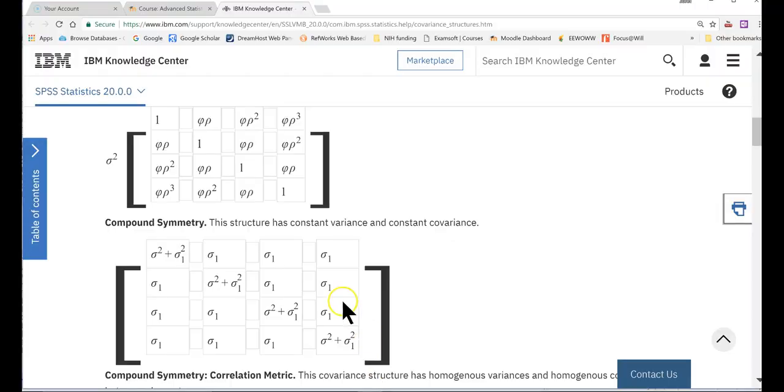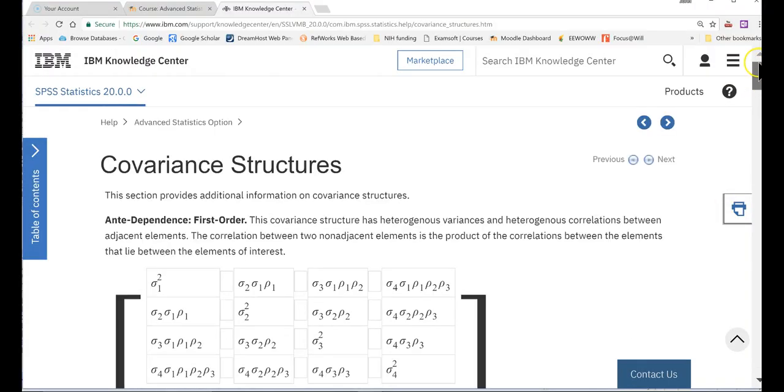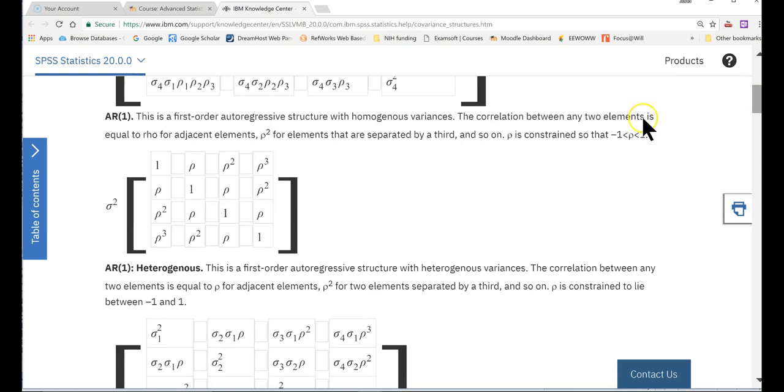Now let's see what that looks like in our little diagram here. So now we're saying we have this constant variance. Here's our little sigma squared going out there. We have constant variance, but there's also a constant correlation in here, but it is multiplied. So we take this variance, when we multiply, it's going to be sigma squared rho here.